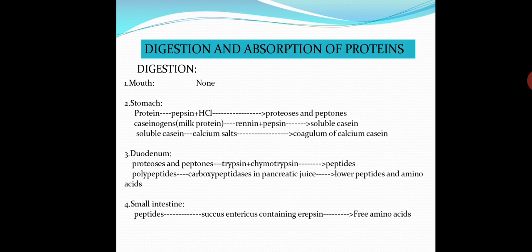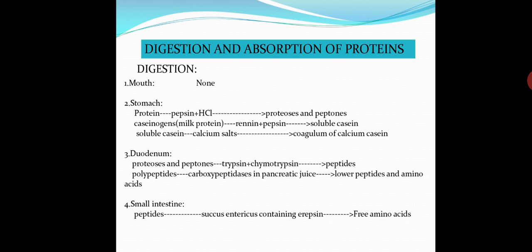In the duodenum, the proteoses, which are the digested parts from the stomach, and peptones, in the presence of trypsin and chymotrypsin, in alkaline medium about pH 8, get converted to peptides of various chains, that is, small polypeptides and a few free amino acids.